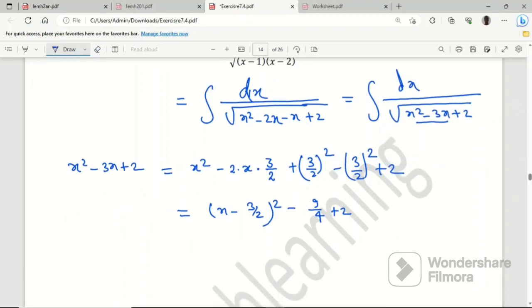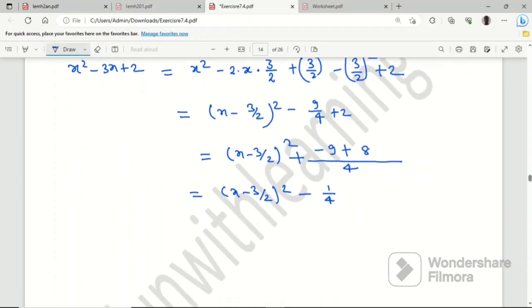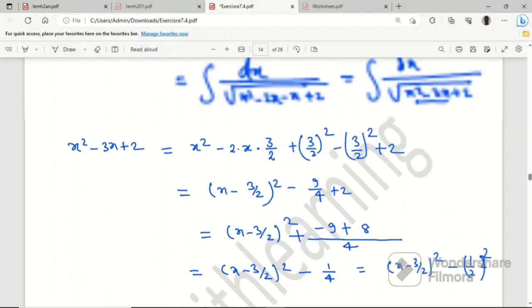So it will give me (x minus 3 upon 2) square plus, I'm taking LCM 4, it will be minus 9 plus 8. So it will give me (x minus 3 upon 2) square minus 1 upon 4. So it will be (x minus 3 upon 2) square minus (1 upon 2) square. Now I will use the formula directly after replacing the given quadratic equation.